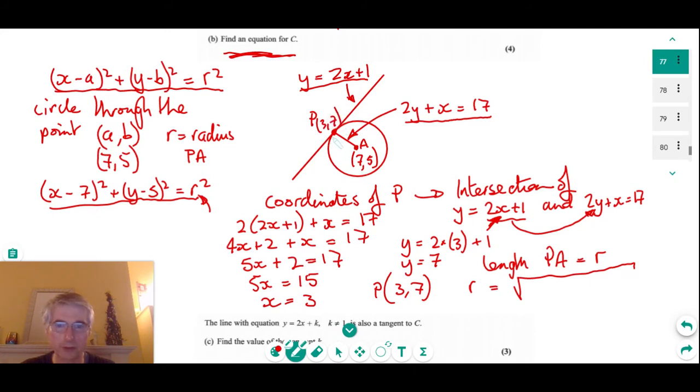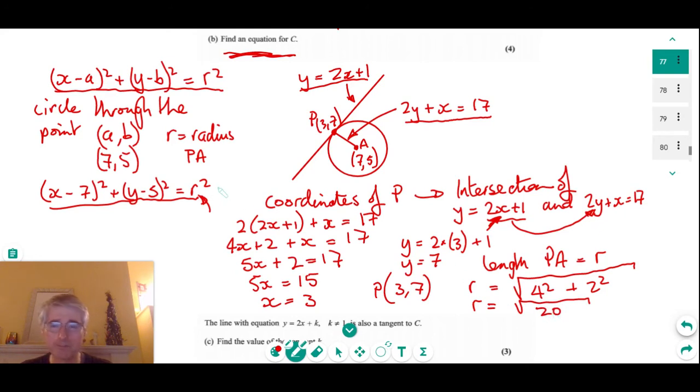The difference in the x values there is 4. So 4 squared, and then plus the difference in the y values squared, which is 2. So plus 2 squared. So we can see that r is equal to the square root of 4 squared, which is 16, plus 2 squared, which is 4, so root 20.